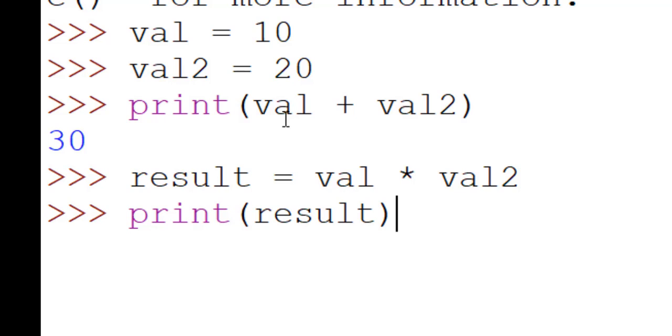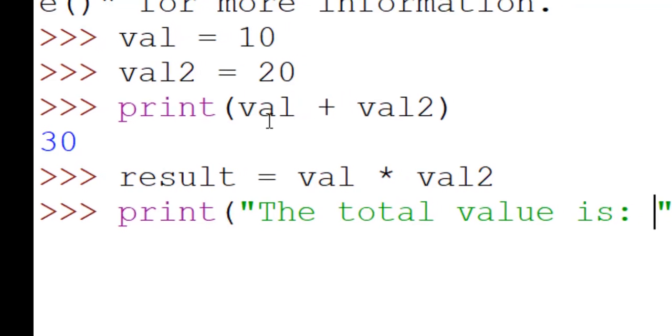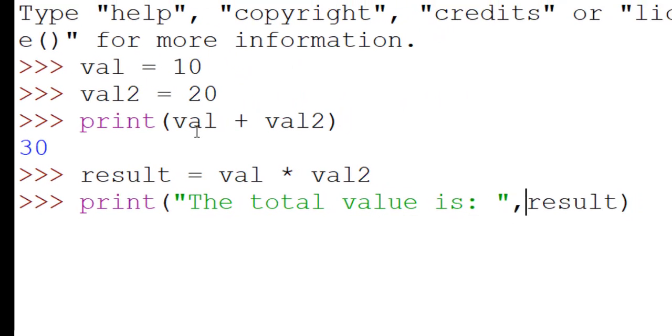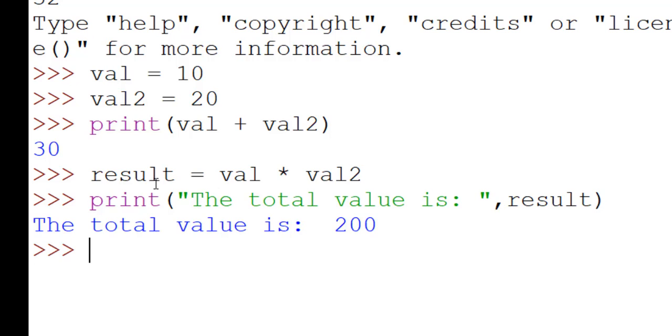Instead of putting it that way, I can also put here a double quote, the total value is, something like that. That is also the same with other programming languages, comma, then enter. So the total value is 200. We multiply 10 times 20.